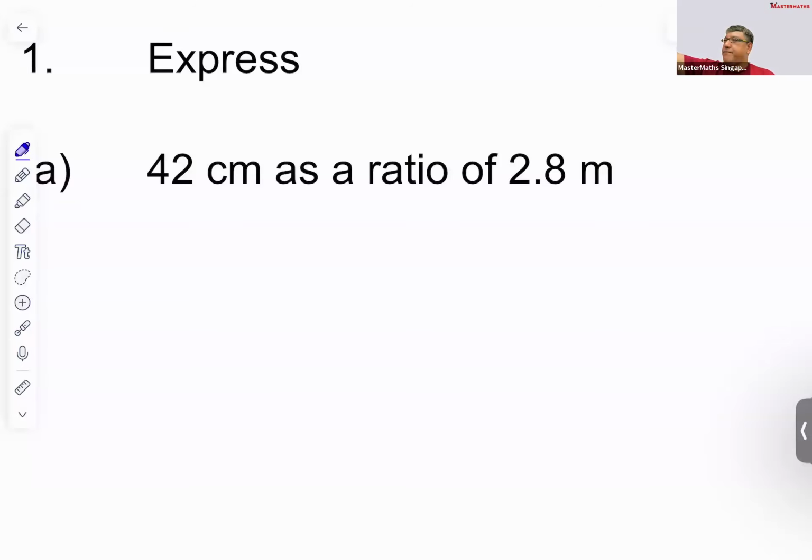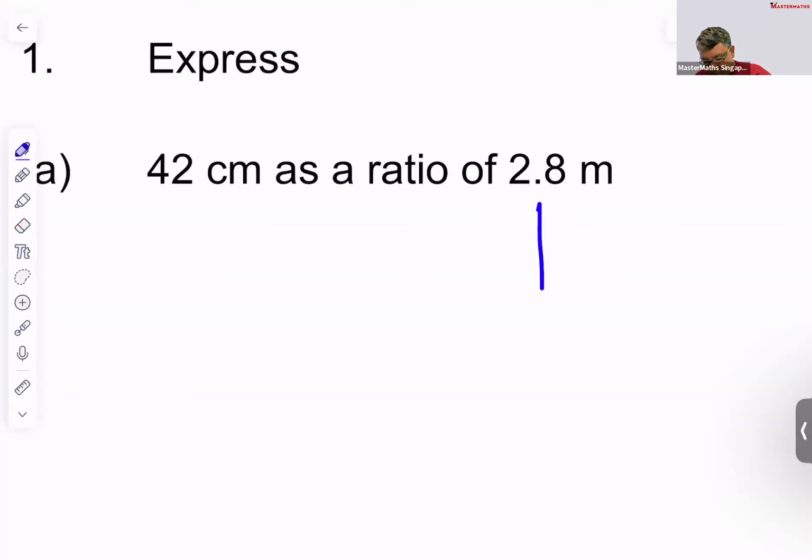If I change cm to meters, I will get decimal. Because 42 cm is 0.42 meters. So you don't want that. So you're going to change this to your cm. What is it in cm? Change this to cm, please. What is it?